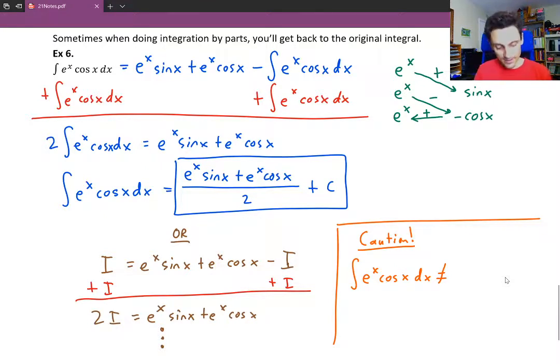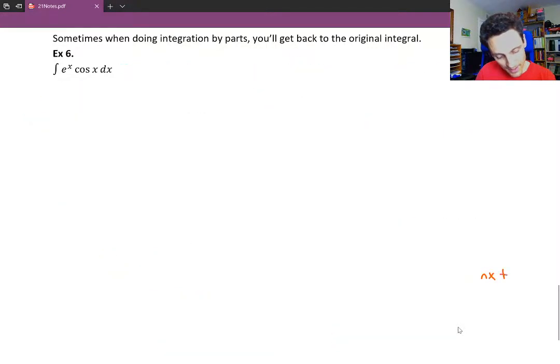The mistake is wishful thinking, which is thinking that maybe the integral applies separately to each of these factors, separately to the e to the x and separately to the cosine x. And so some people might do this: the integral of e to the x is e to the x, the integral of cosine x is sine x, and maybe I'm done.